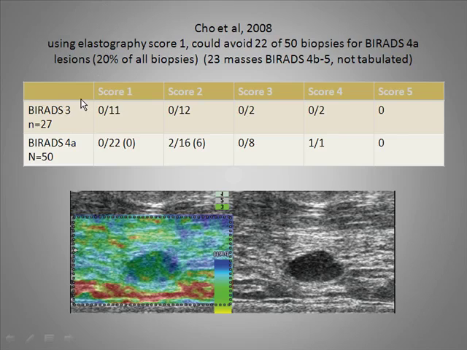Now, in his series of about 75 or so cases, I've tabulated the cases that were BI-RADS 3 and BI-RADS 4A. I did not tabulate BI-RADS 4B, 4C, or BI-RADS 5 because all of these are going to go to biopsy, and I don't think we need to pay attention to what their elasticity score is.